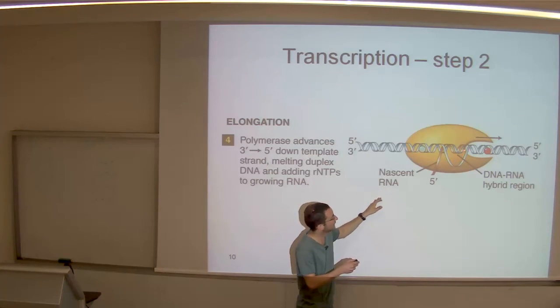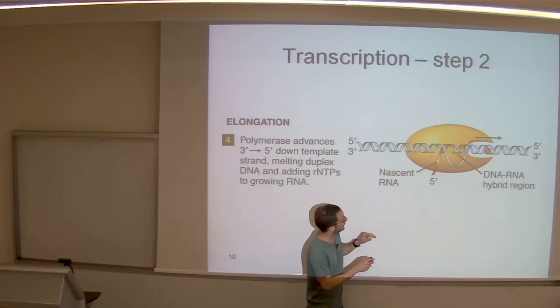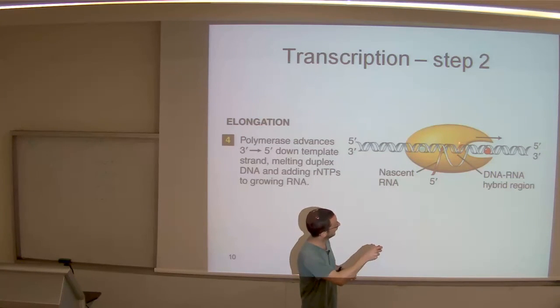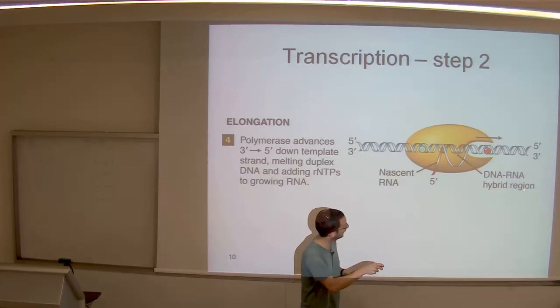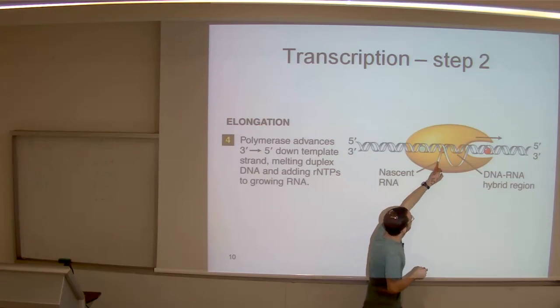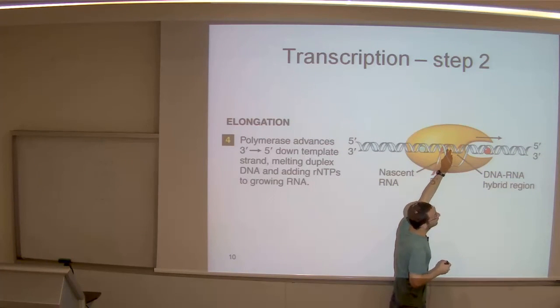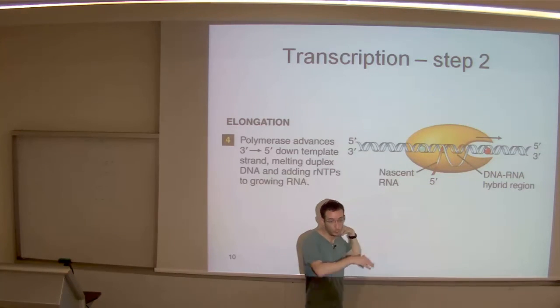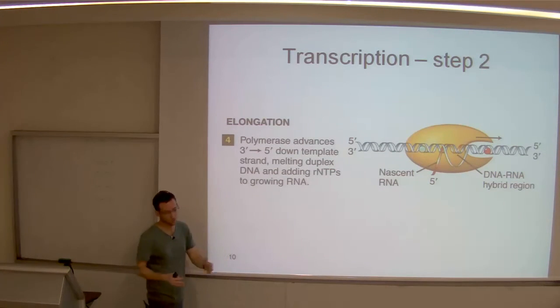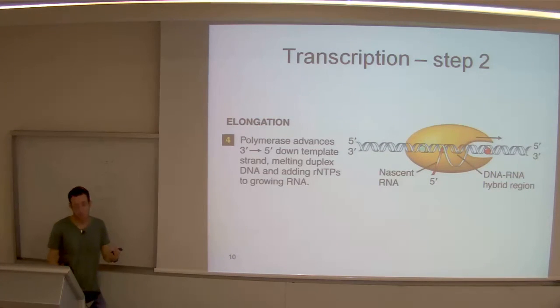Each nucleic acid is not randomly chosen from the environment, but rather complementary to the nucleic acid that's found in the DNA. So at a certain position of the RNA polymerase, in this complex you'll find the DNA-RNA hybrid, and the RNA strand here is really equivalent to this DNA strand, besides the fact that it has uracil instead of thymine and so on, but it's exactly the same sequence of nucleic acids.